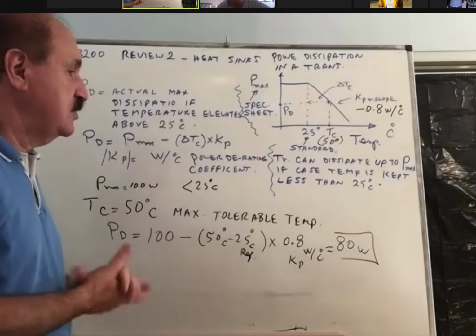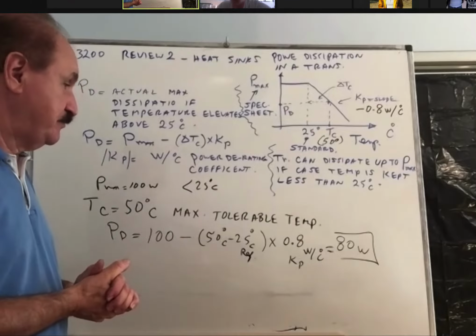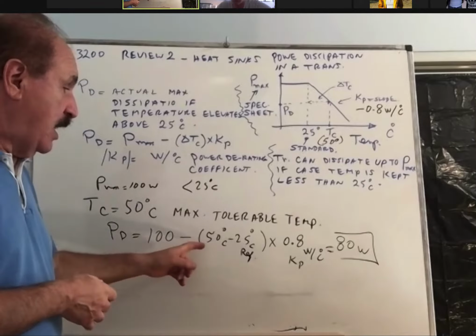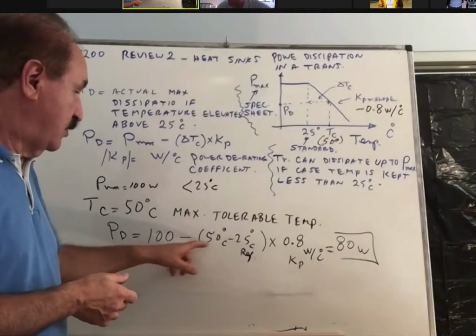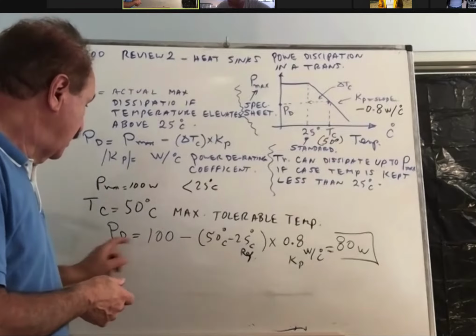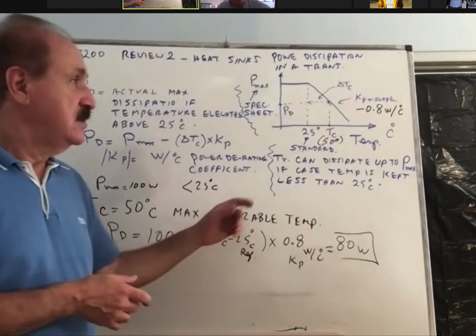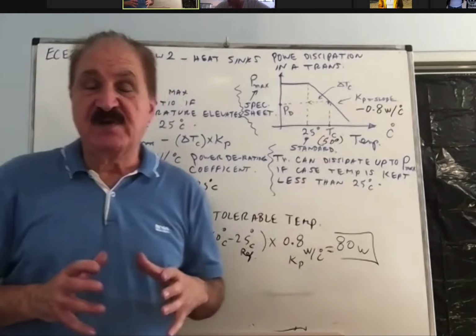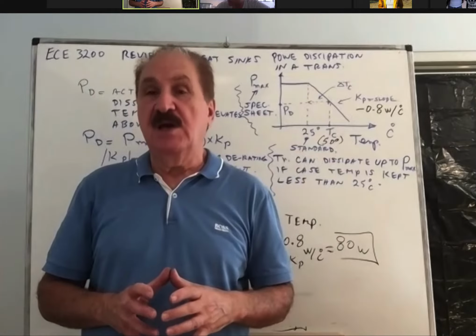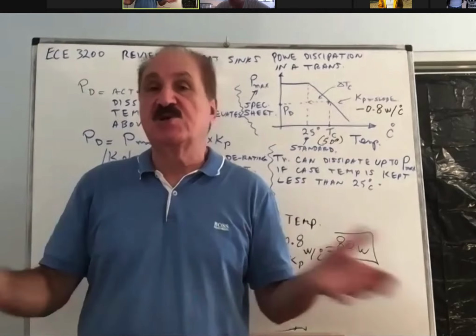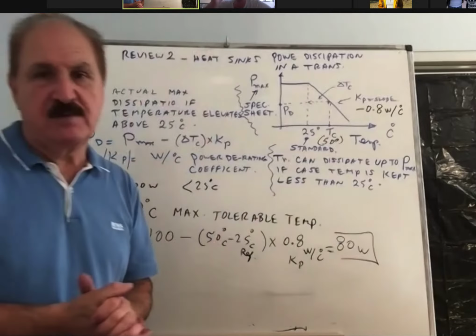If you allow the dissipation, or case temperature, whatever this is calculating for you, to exceed 80 watt while your case temperature is 50 degrees, then it's prone to fail. The transistor can fail. There is no guarantee.